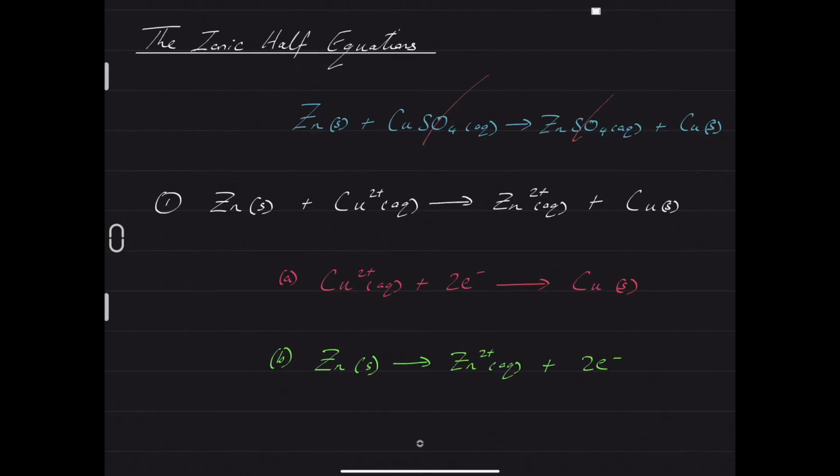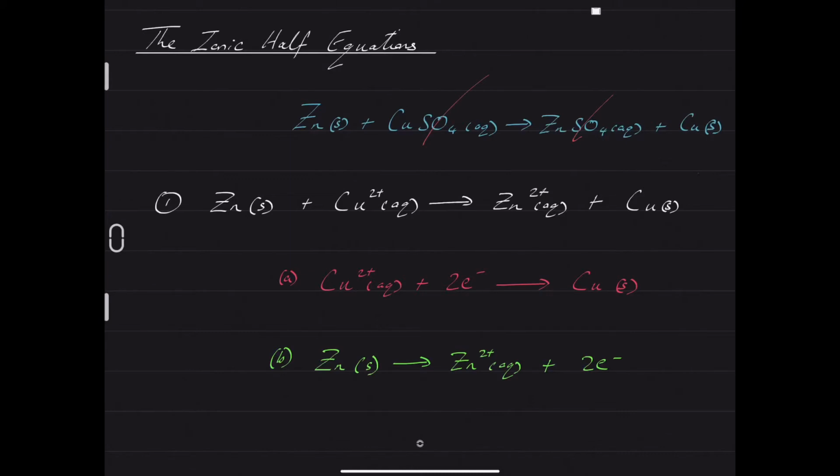So we've gone from our full chemical equation, which is in blue, down to an ionic equation, which is in white. And then you go down to the ionic half equations, which are in red and green. And we can think of these two latter equations as redox reactions.